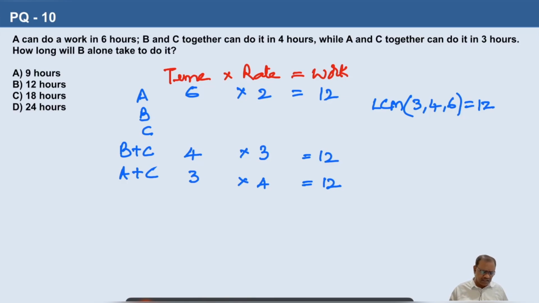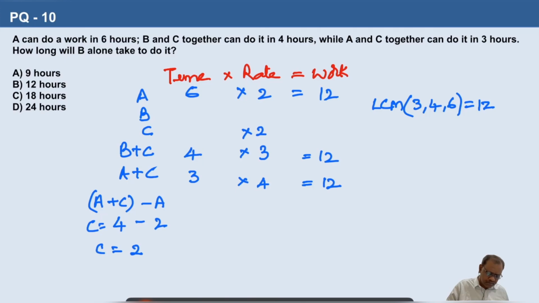So to find out C, from A plus C we have to subtract A. A plus C minus A gives C. 4 minus 2, so C is equal to 2. C can do 2 units per day. So it will take 6 days in total.